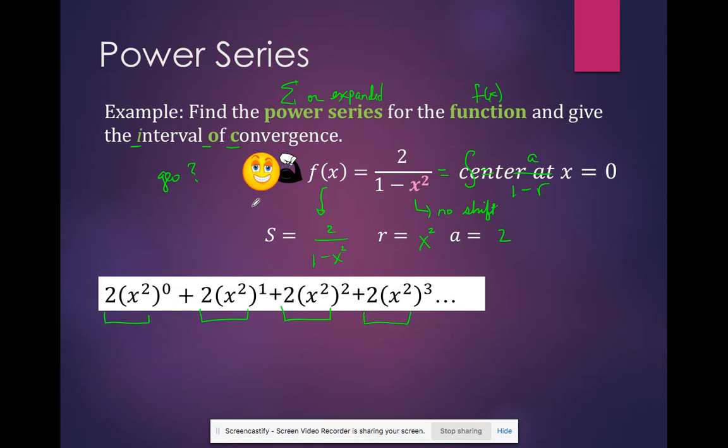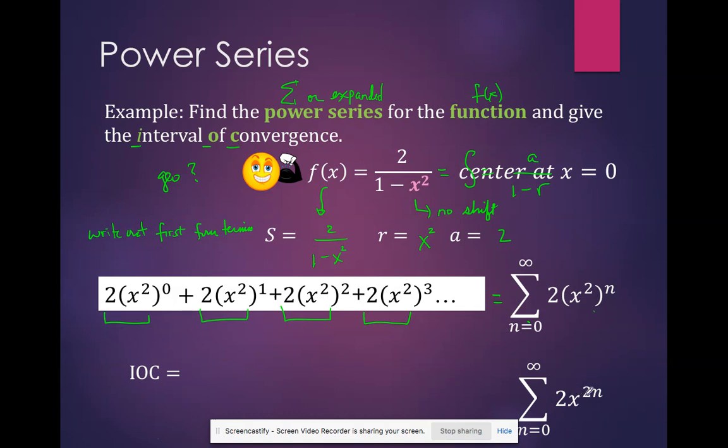Okay, so let's suppose they asked me to write out the first 4 terms. They have to ask you for the sigma notation or the nth term. You could write it like this, or you could write it like this. This is probably how it would show up in multiple choice, by the way. Do you see what they did there just with the exponents?